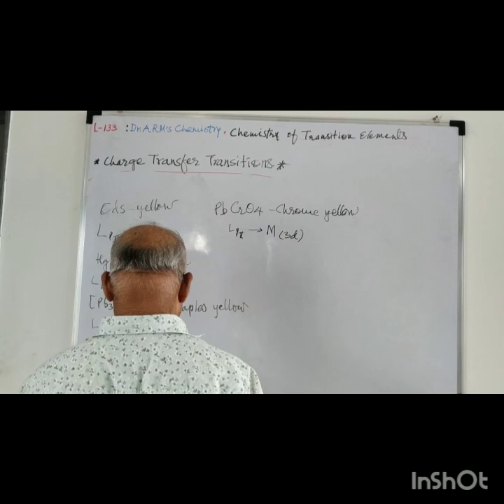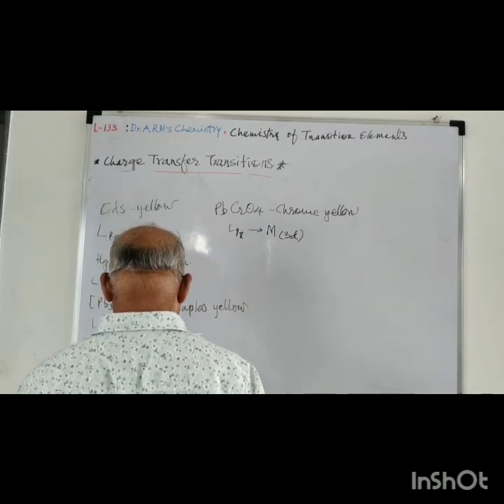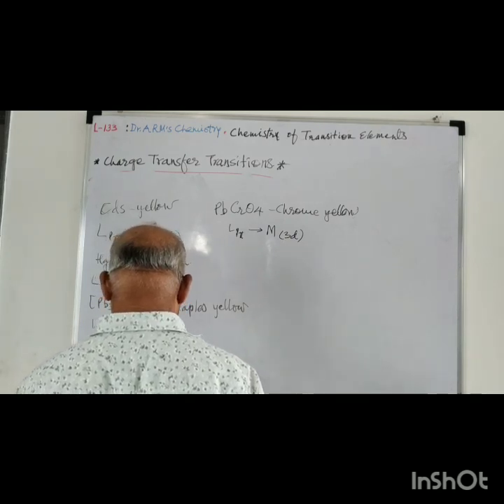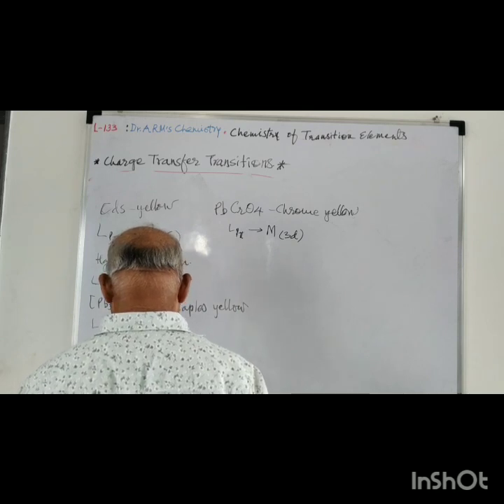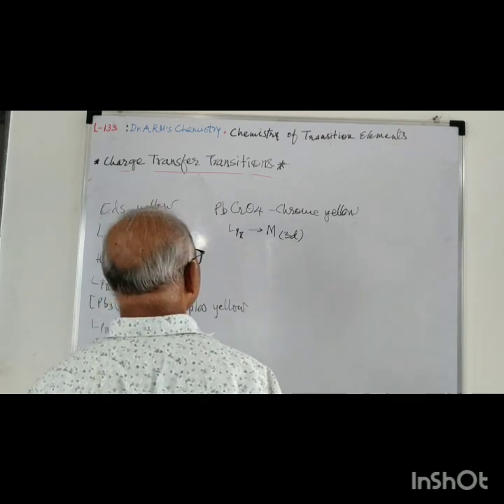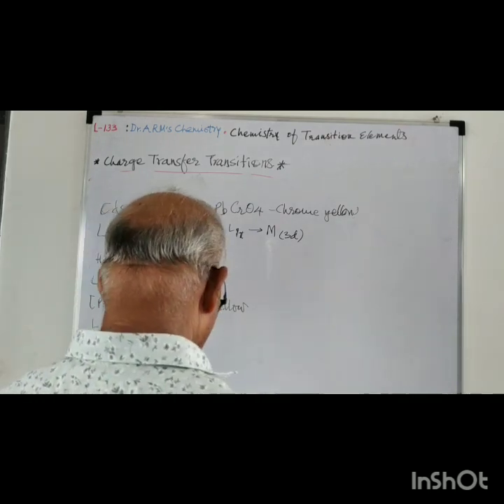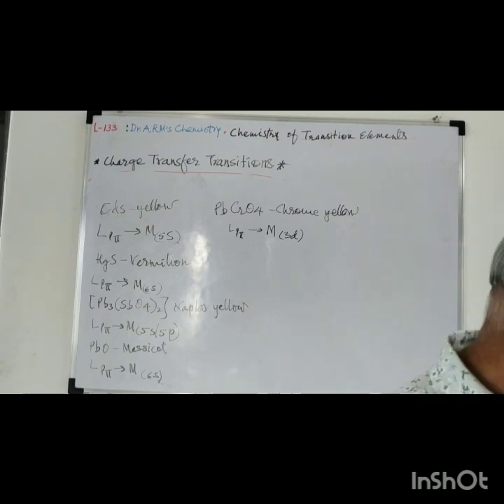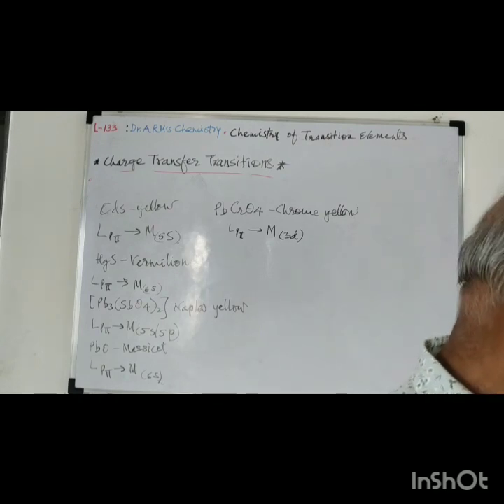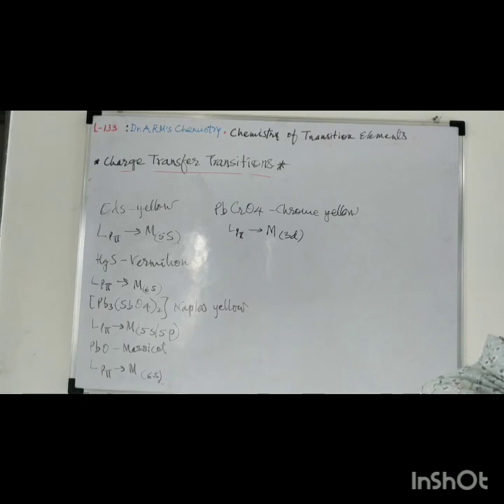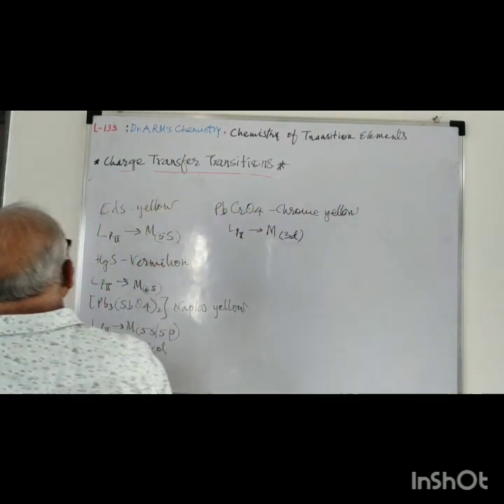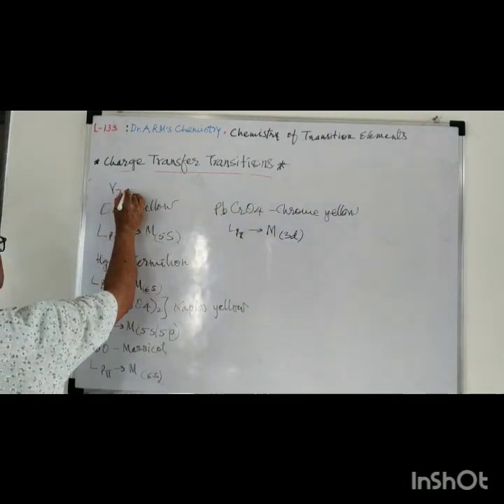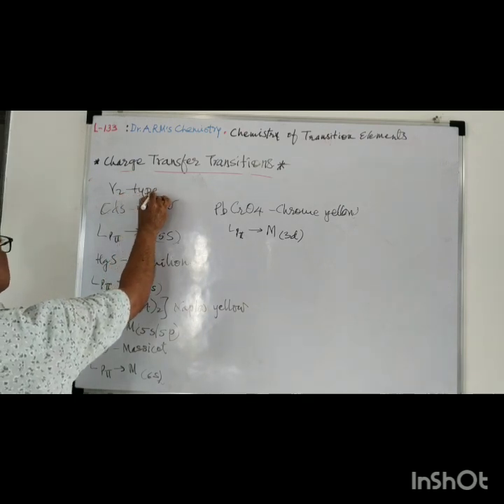Similarly, we can have the MnO4 type of transitions. So these are some examples which show specific colors. These are V2 types of transitions, and we have shown all these for V2 type transitions.